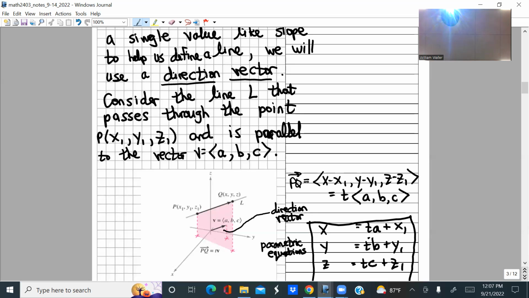And we said, what do we know about PQ? It has to be parallel to what? The vector v, right? Now, you know what makes vectors parallel. How do you test if two vectors are parallel? They have to be scalar multiples of each other. Yeah, that's the most straightforward way of thinking about it, right?